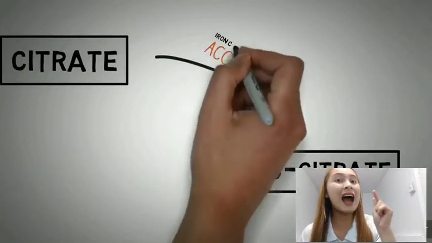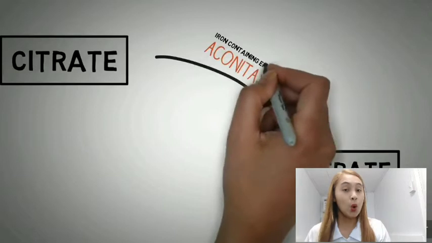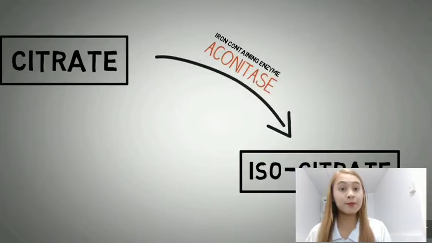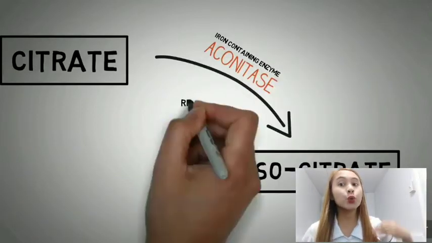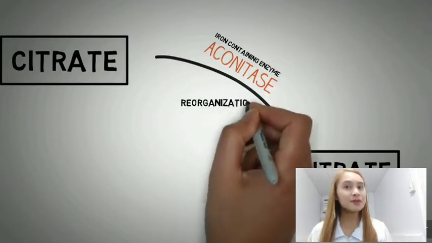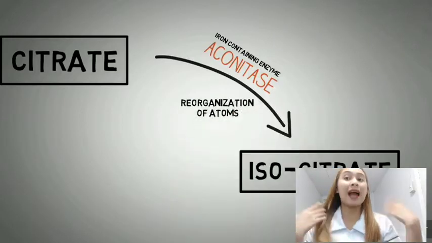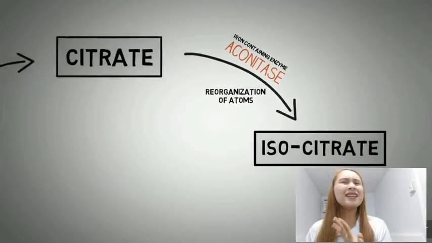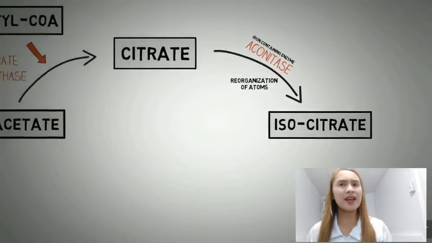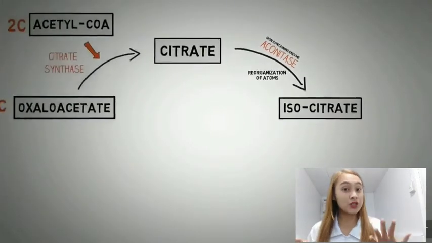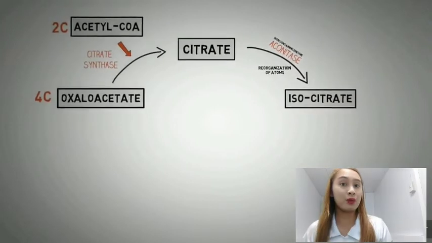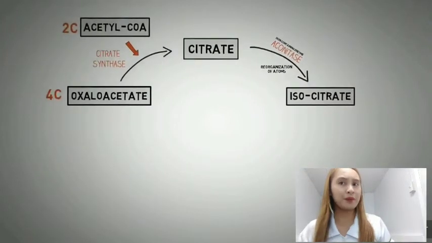So this is an iron-containing enzyme whose function is to reorganize the atoms of citrate to form its isomer. But why does the citrate need to be reorganized? Why can't the citrate move forward to the next step of the pathway?